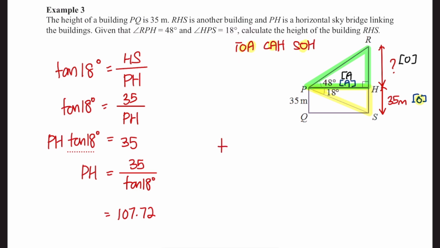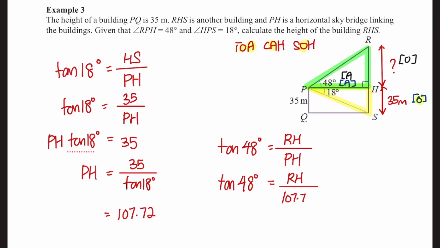So this means that over here, tangent 48 degrees is equal to RH, the opposite side of this angle in this right angle triangle, over PH. Then I sub in the known values. Tangent 48 degree is equal to RH over PH, which I found earlier, which is 107.72.